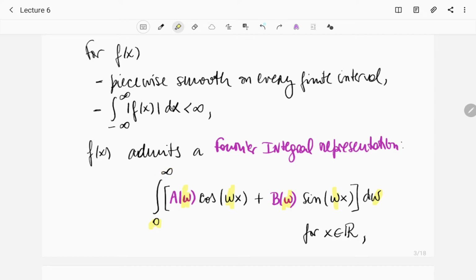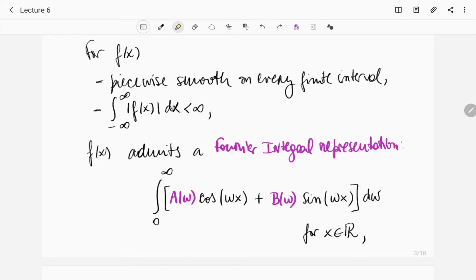So we are not anymore in this discrete case where we have this an and bn, and this n was a natural number, like 1, 2, 3, and etc. So now we are really enlarging the range of what we are looking for, okay?